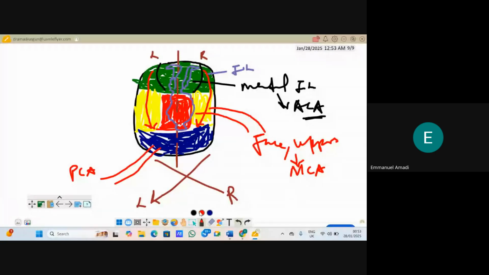If you're right-handed, which most persons are, the dominant part of your brain is left. If you are left-handed, which a few people are, the dominant part of your brain is right. Basically.